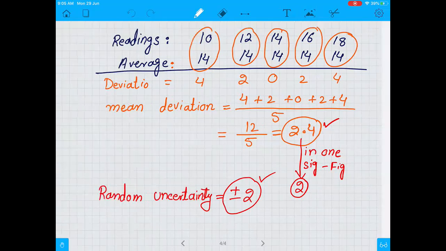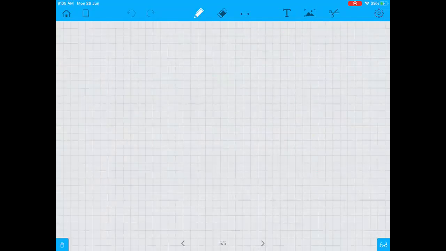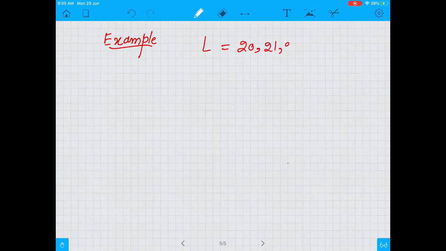Just for example, let's solve another example. You see, while calculating random uncertainty, the actual value is not needed. You calculate a quantity L that was 20, 21, 22 centimeter. These are the readings.